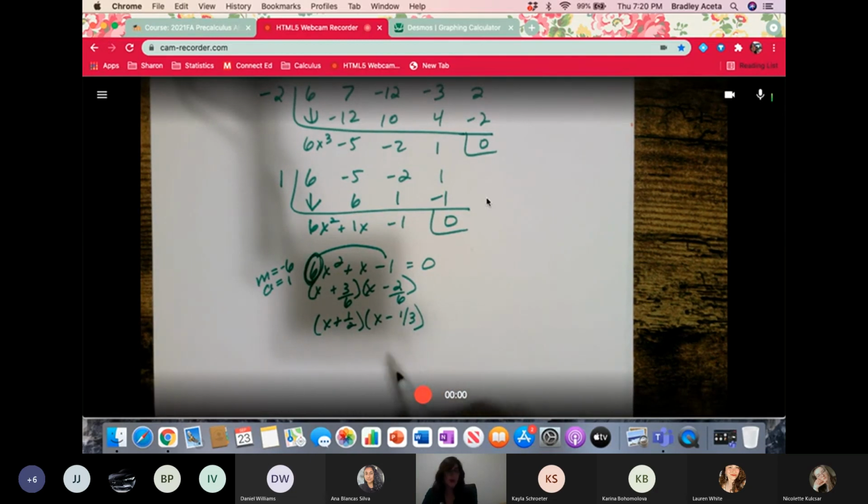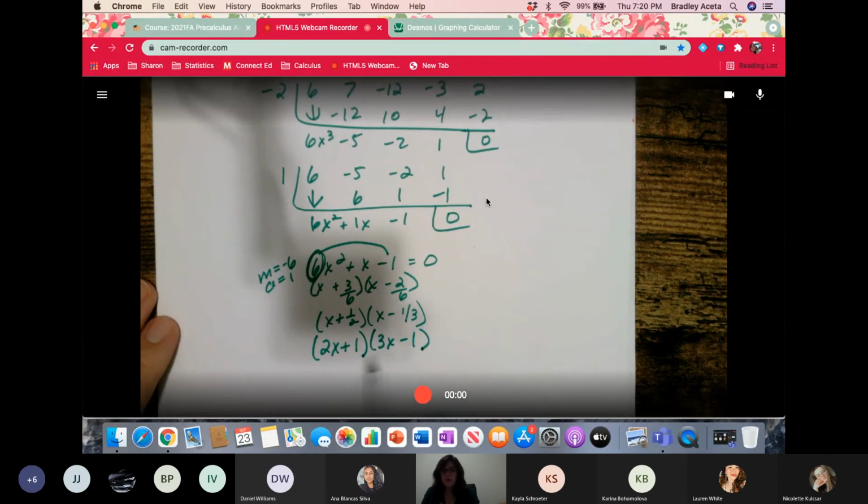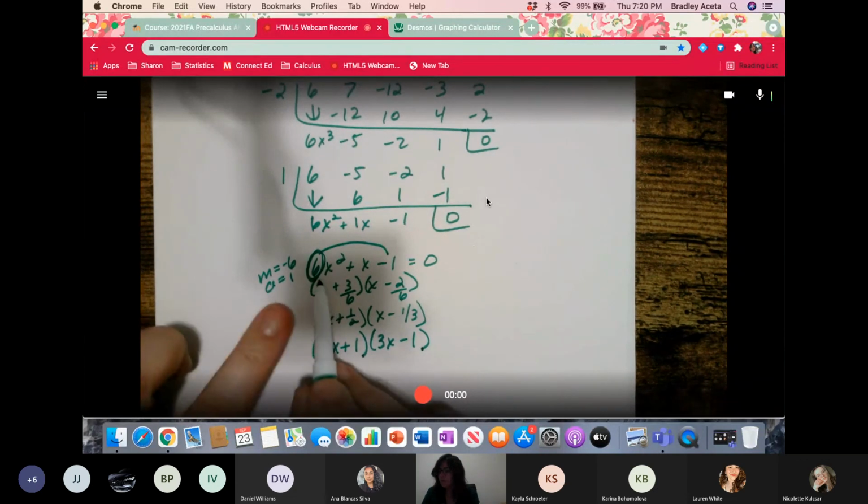Interesting. But I have to write it in factored form. So you just bring that 2 up in front of the x. So this would be 2x plus 1. And then bring this 3 up in front of the x. This would be 3x minus 1. Those are the two factors for the quadratic.